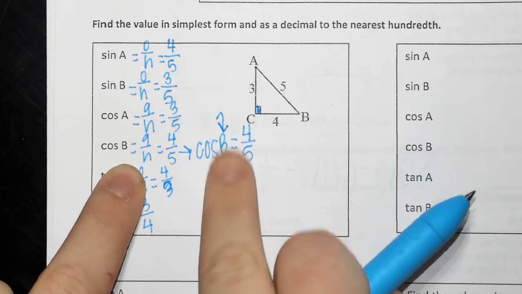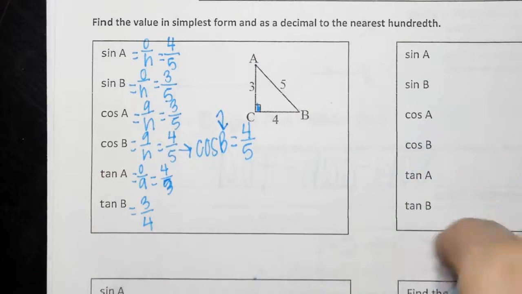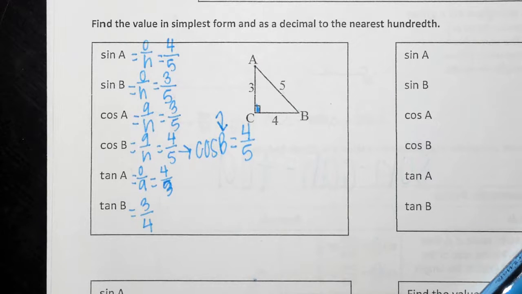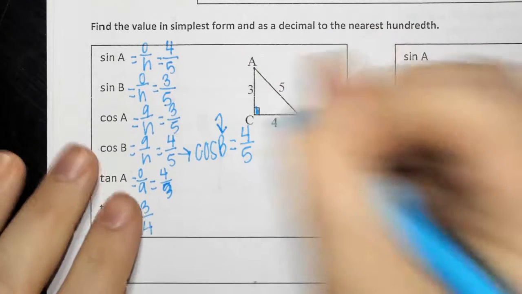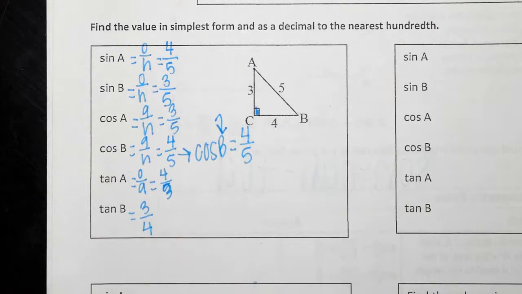What happens right now is cosine and B are glued together by multiplication. How do you break anything that's glued together by multiplication? You divide. This is new, so just bear with me. I'm just showing you this so you can see it in your head, but this is really not how it works.